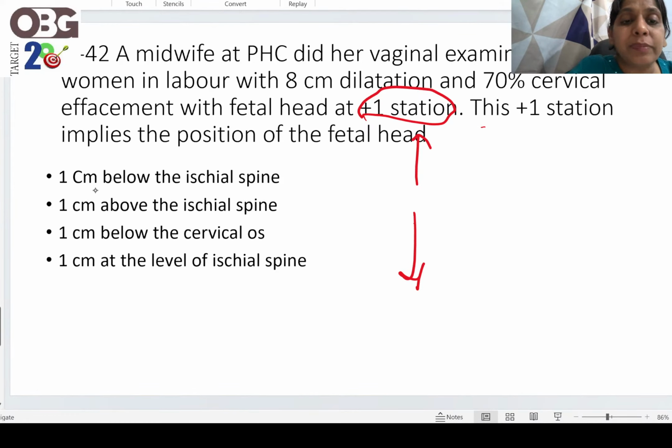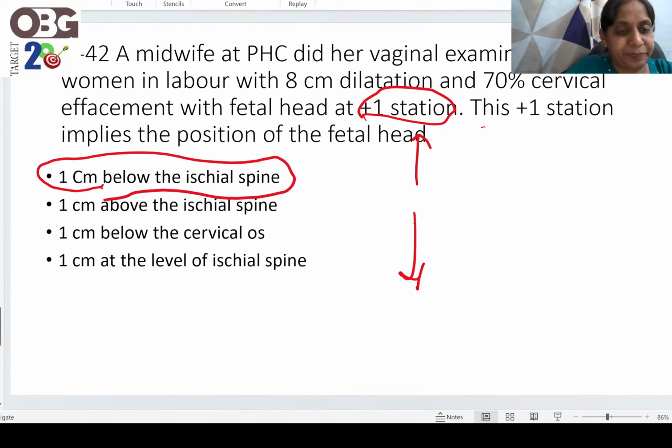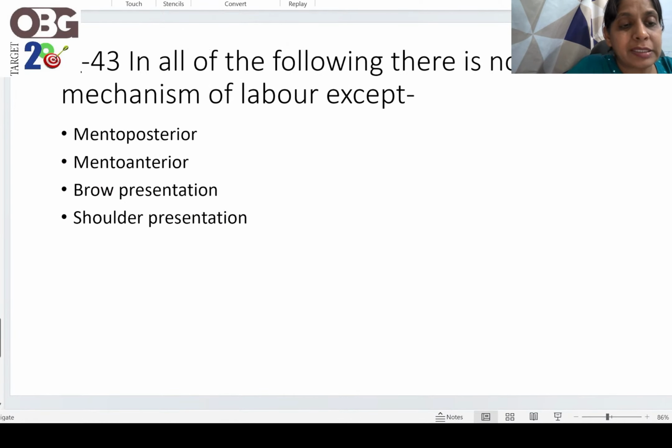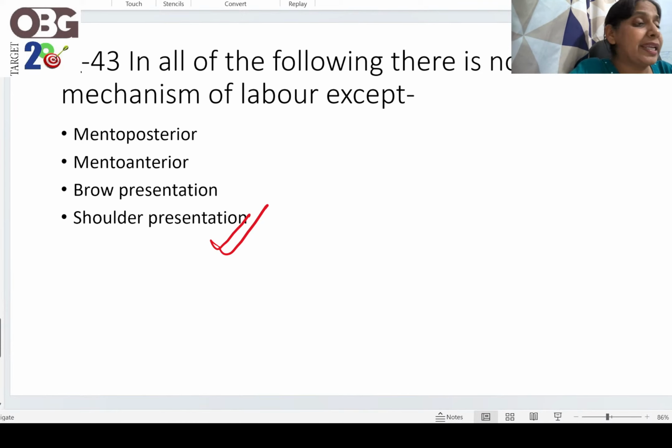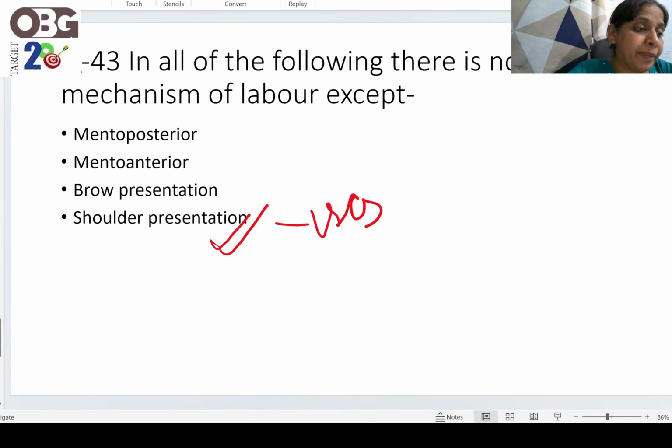So +1 means 1 centimeter below the ischial spine. There is no mechanism of labor for all of these except shoulder presentation, because with a transverse lie we have to do a cesarean. Dr. Kavita, the answer is B.